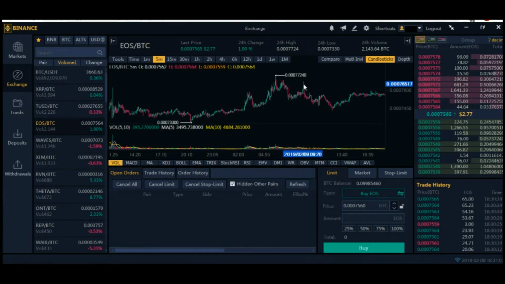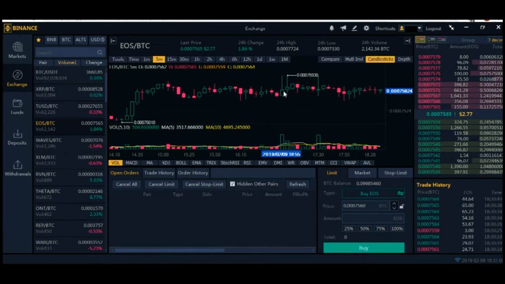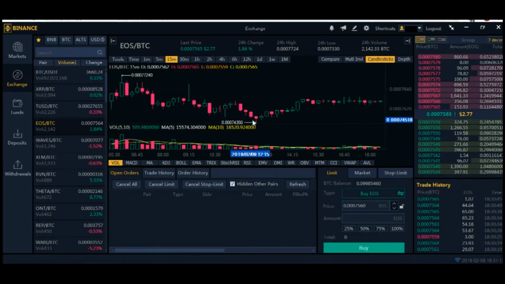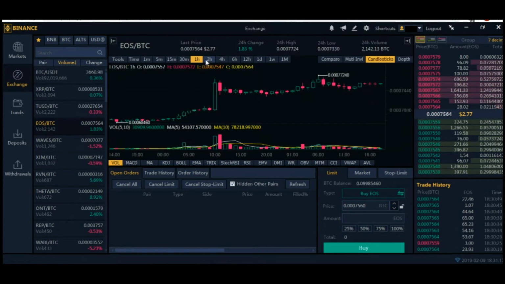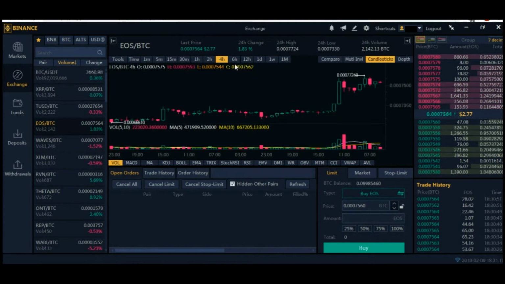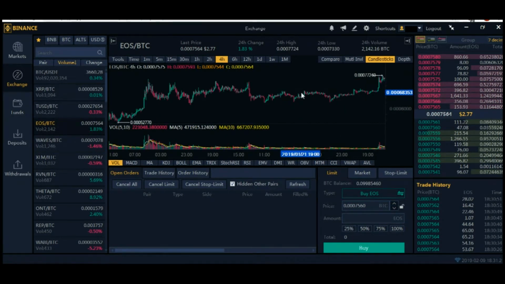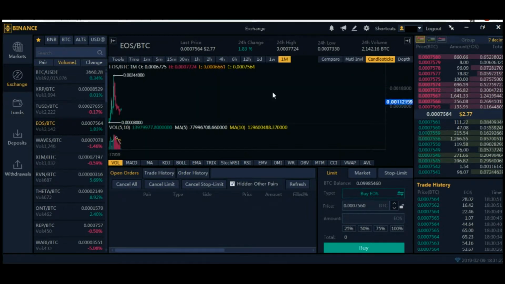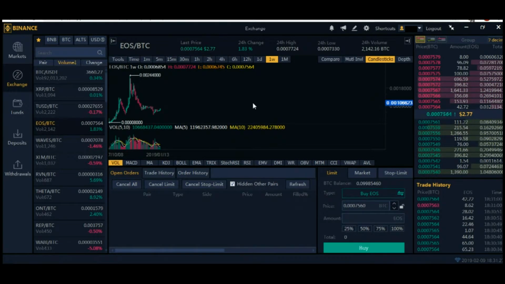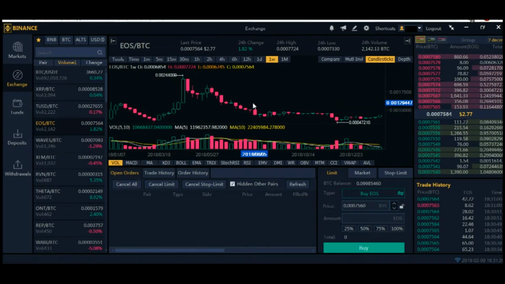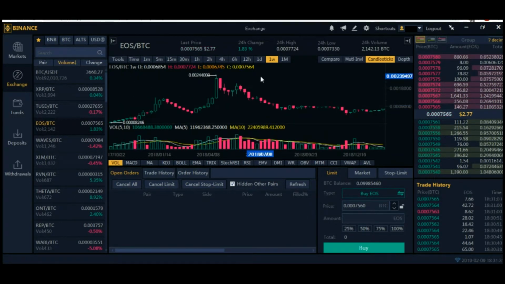So now each one of these represents 5 minutes of time, 15 minutes of time, 30 minutes, 1 hour, 2 hours, 4 hours. And we'll talk all about how this is good for different things. You can go all the way up to a month. And usually that doesn't show you a whole heck of a lot because we've only been doing this for about 15 months on Binance.